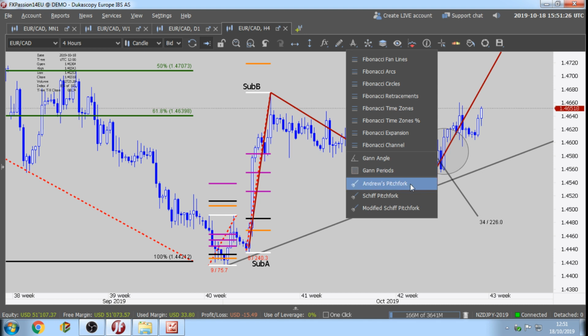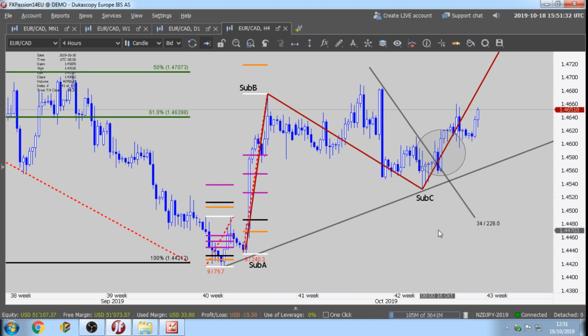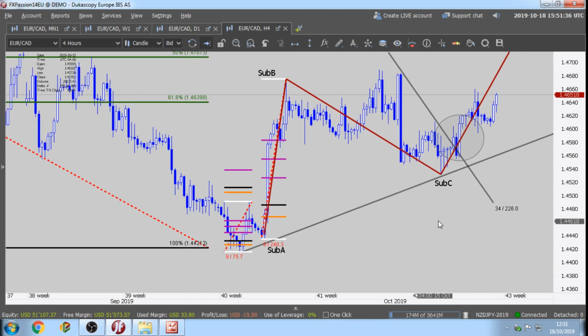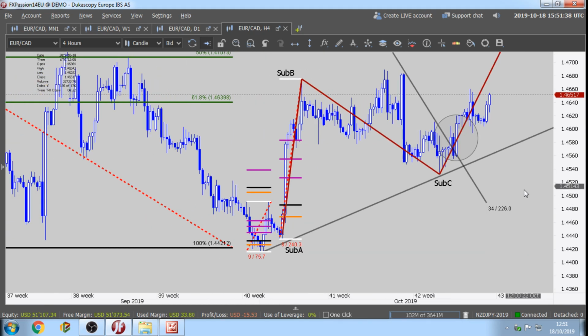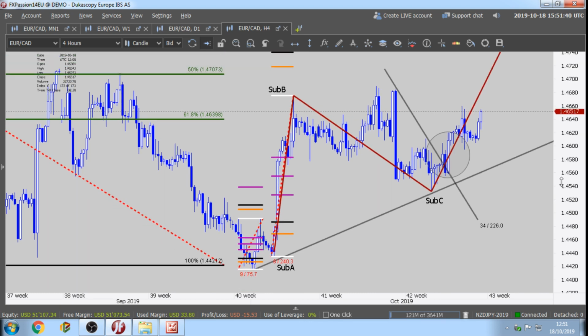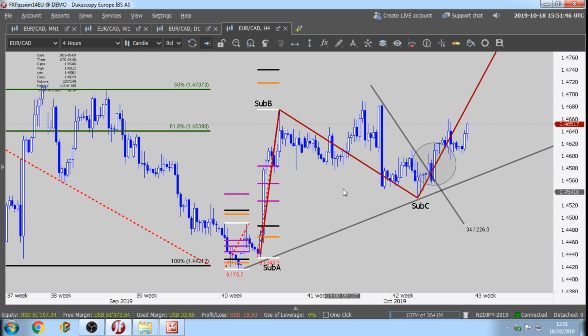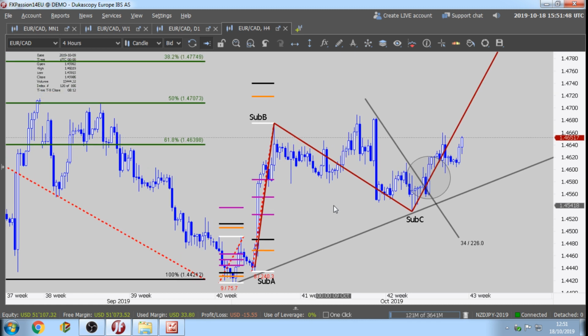You have Andrew's pitchfork. You have Schiff's pitchfork modified. Okay? If you don't like the Fibonacci, no problem. But at least Fibonacci is a great tool, measuring entries, exits, risk reward.